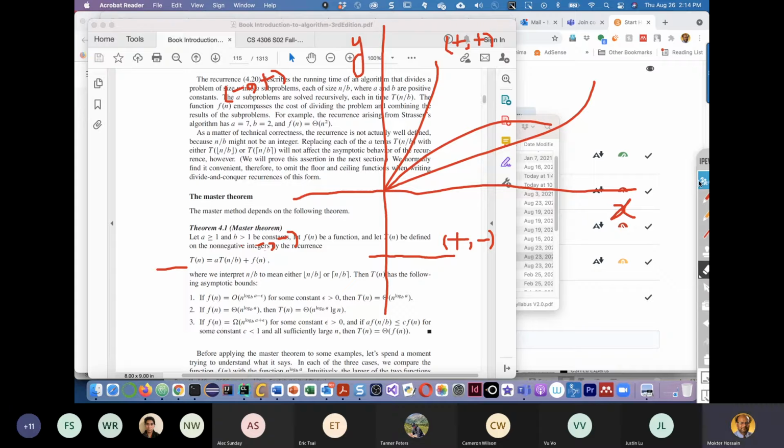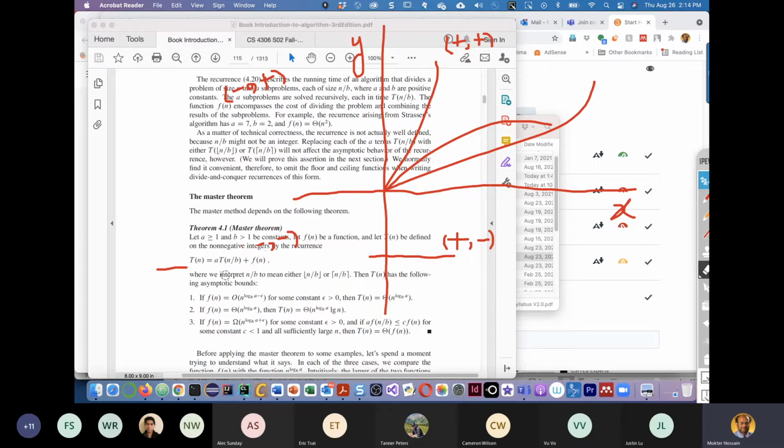So here one thing is that, as we discussed, n by b either takes the floor or the ceiling. N by b cannot always be an integer.